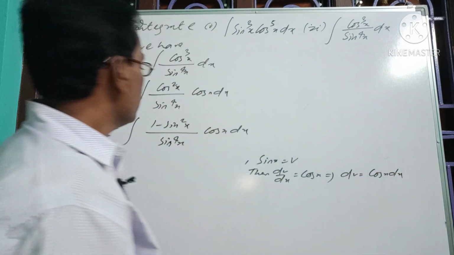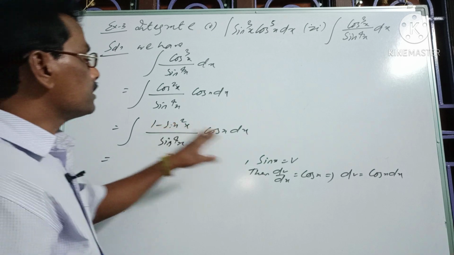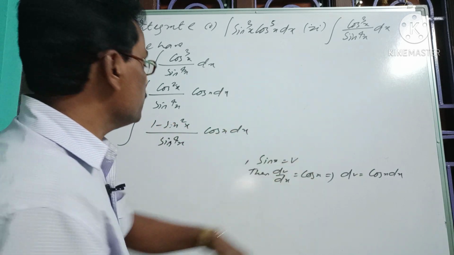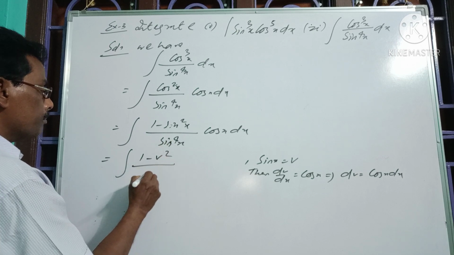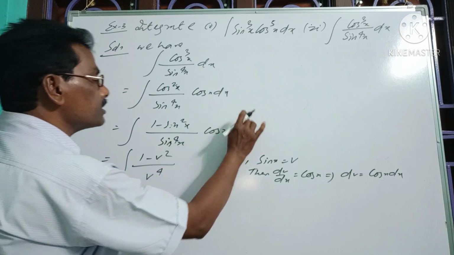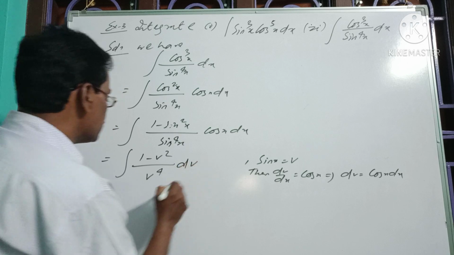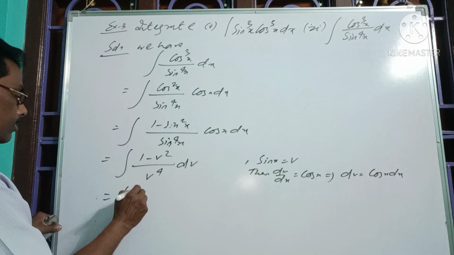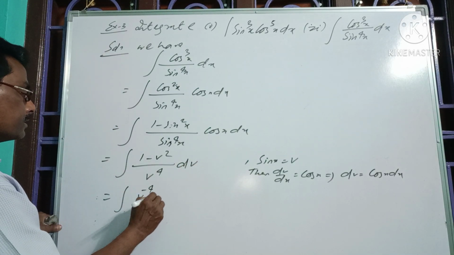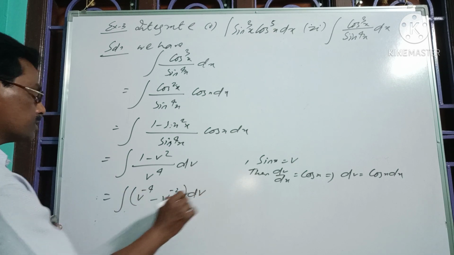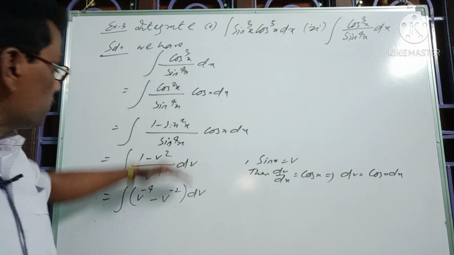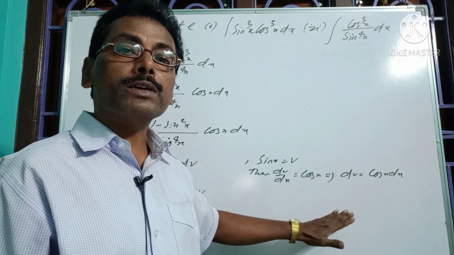So now replacing sin x as v and cos x dx as dv in the integrand will give us the integration of 1 minus v square by v to the power 4. In place of cos x dx we have dv. So again simplifying, we have v to the power minus 4 minus v to the power minus 2, whole integration with respect to v.